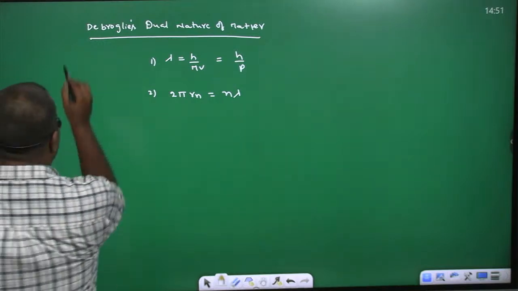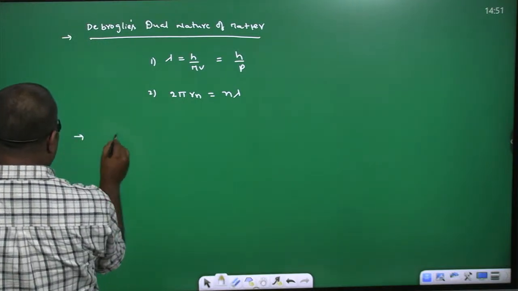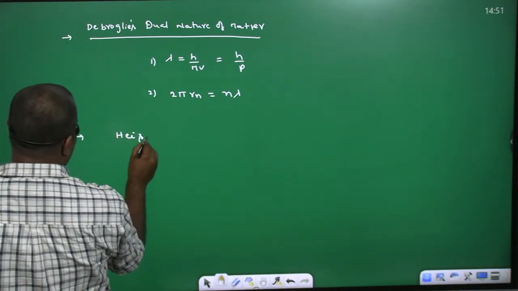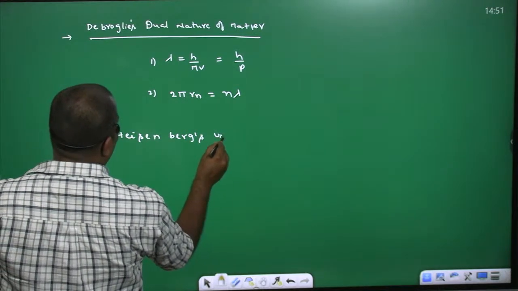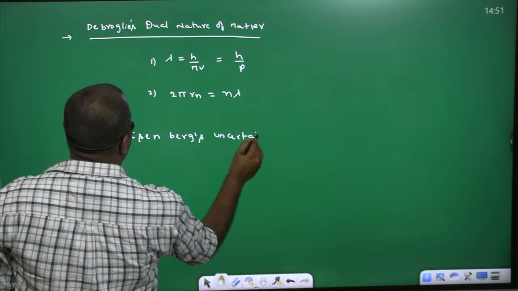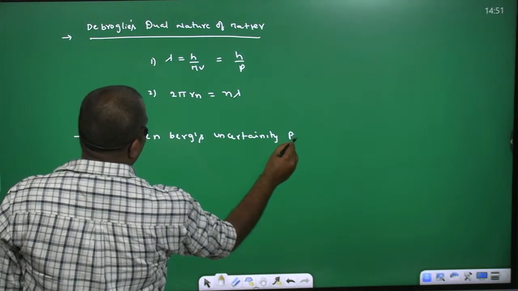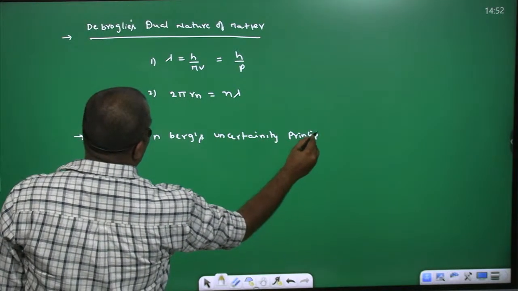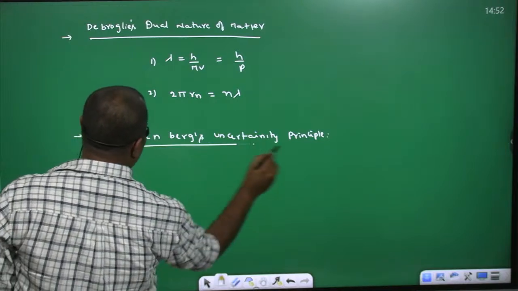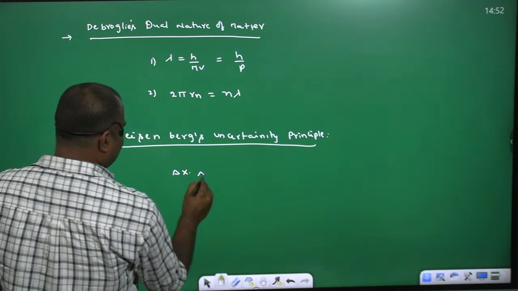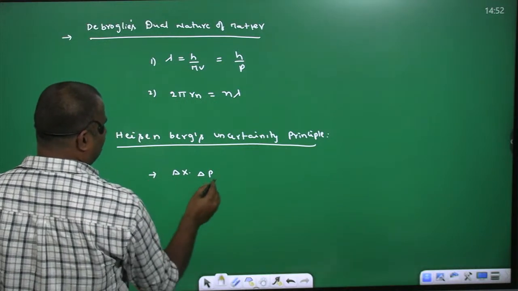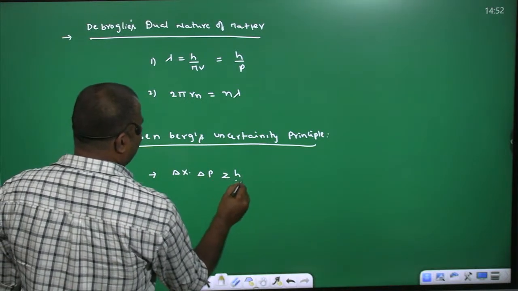Next one, Heisenberg's uncertainty principle. What formulas do we find here? The change in position of the electron into the change in momentum of the electron must be greater than or equal to h by 4 pi.